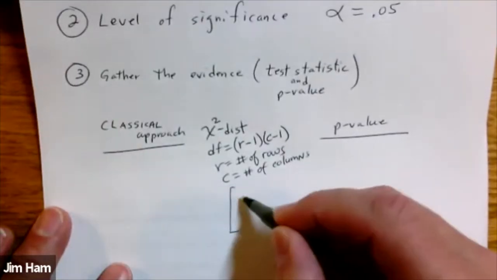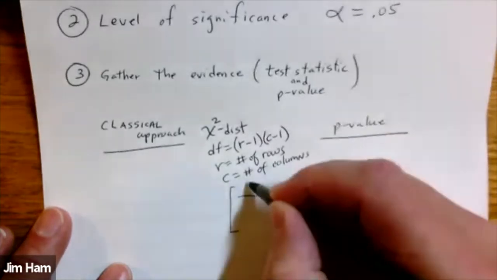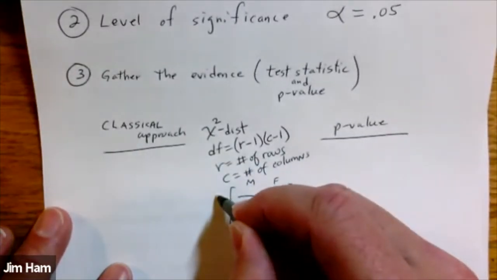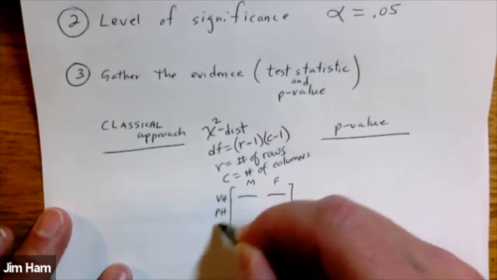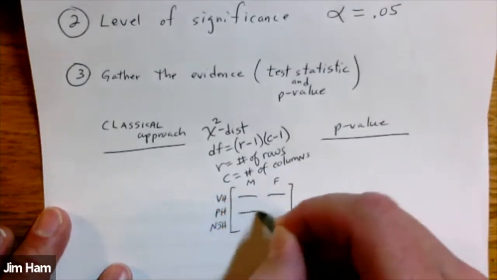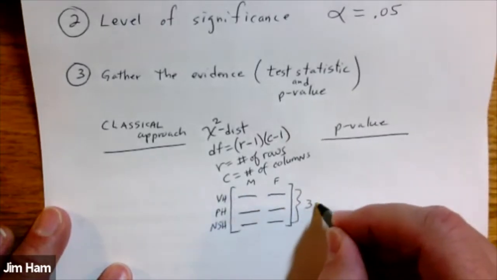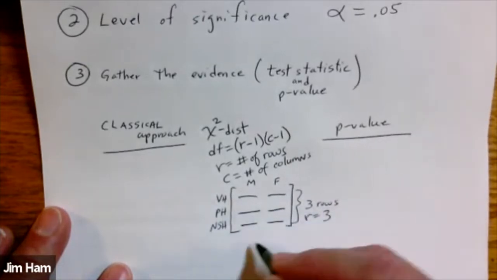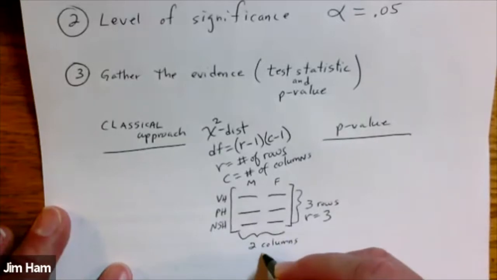So if we had males and females, and then very happy, pretty happy, and then not so happy, we have 3 rows, so R equals 3, and we have 2 columns of data, so the columns is equal to 2.